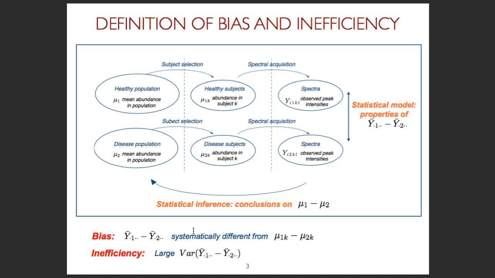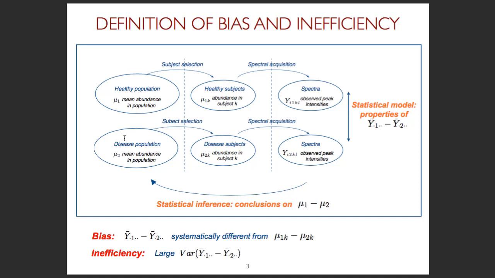The other aspect, and this is what we would like to focus on, and what LIMMA focuses on, is the uncertainty associated with our summaries. When the experiments have too much noise and uncertainty, the variability of our summaries is too large, and we cannot say anything meaningful about the differences in abundances in the underlying populations.